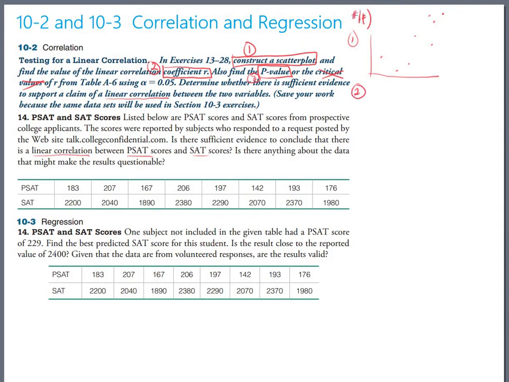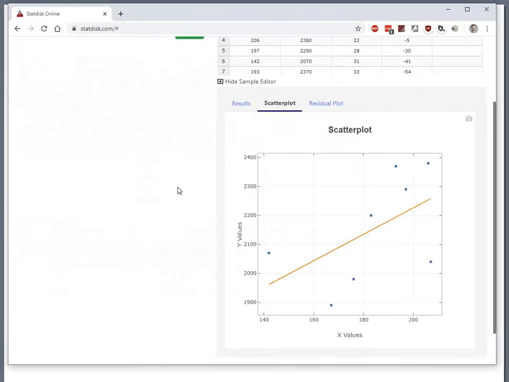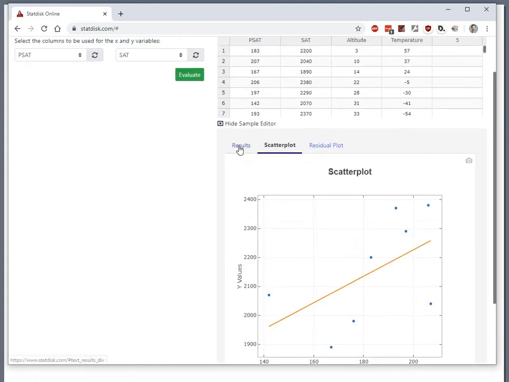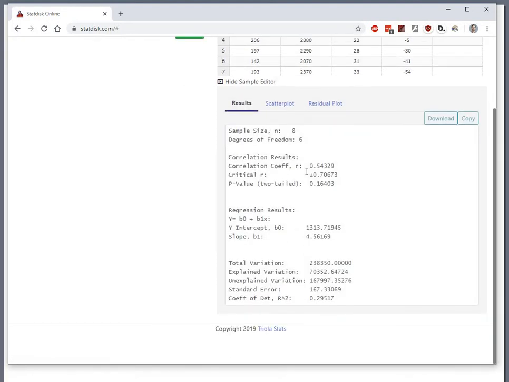Part 2 was to find the correlation coefficient, which is in StatDisk. Results. Correlation coefficient is 0.54329.